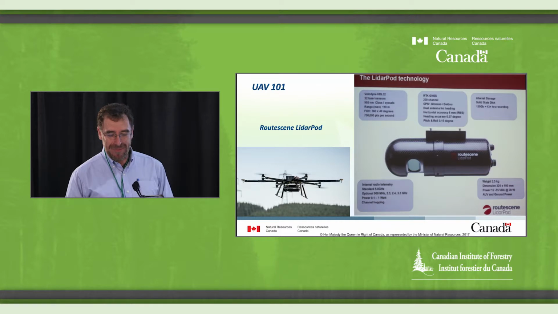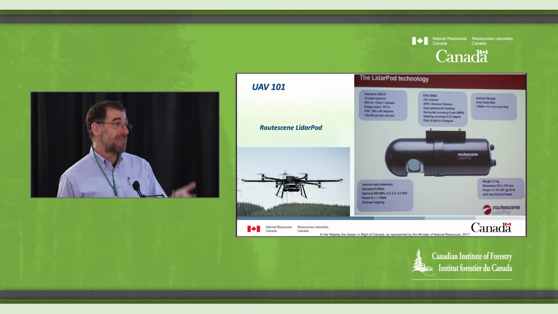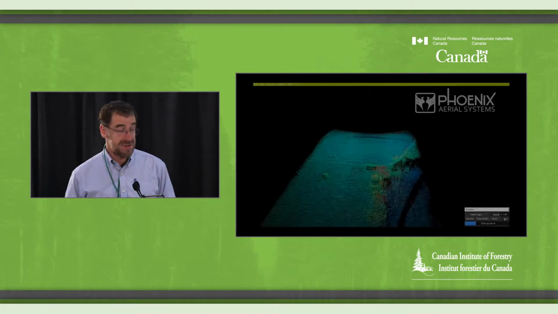This is LiDAR for UAV. Again, thanks to miniaturization, now there are LiDAR instruments that are as small as this one and as light as 2.5 kilos. That can be carried in a drone, and with that you can do a lot of things, like this.